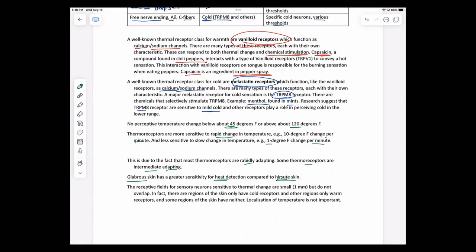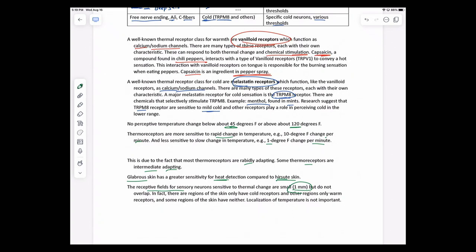What is also kind of amazing or interesting is that your receptive fields, we talked about that earlier, are really small. We're talking about maybe a millimeter, but you don't have as many of them. In a square centimeter, you may have 5, 6, 7, 8, maybe 10. So they're not overlapping.